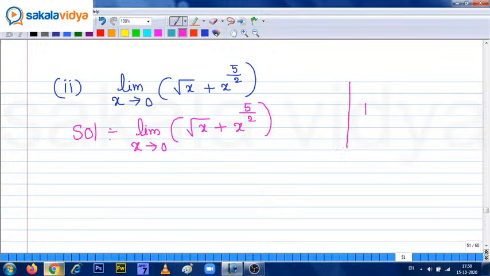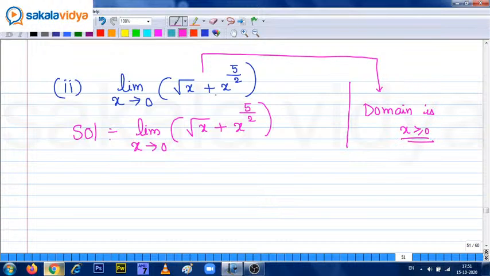So the domain of this function is x greater than or equal to 0 only, because of root x, and x to the power of 5 by 2 also needs x greater than or equal to 0. So no LHL for this one, directly RHL. So substitute the value. Root 0 plus 0 to the power of 5 by 2, so this is 0 plus 0 equal to 0.